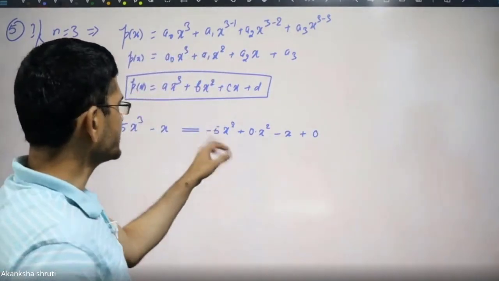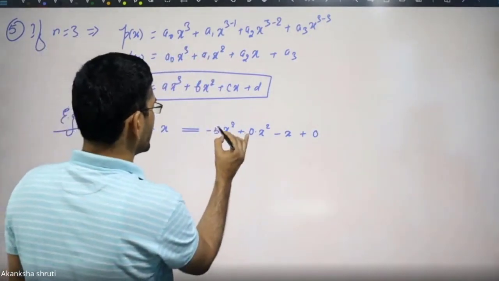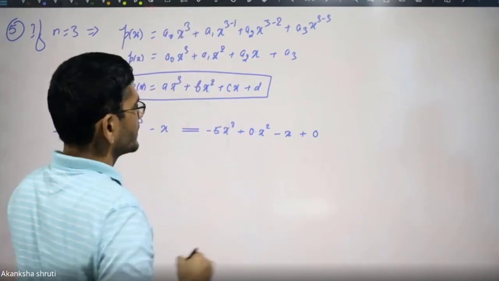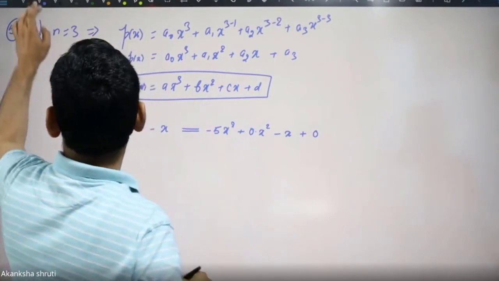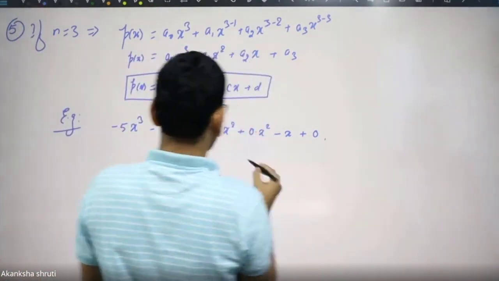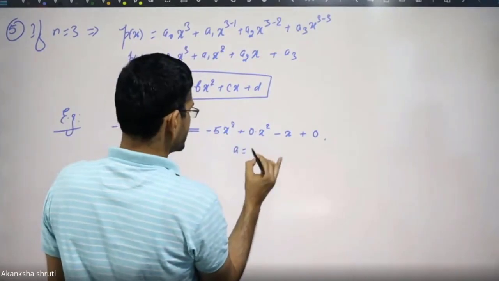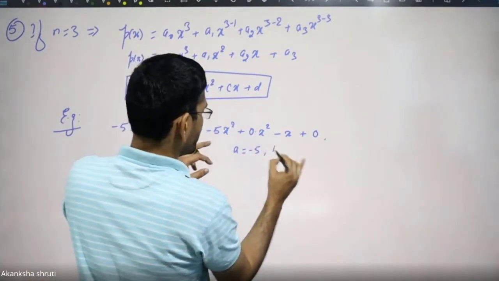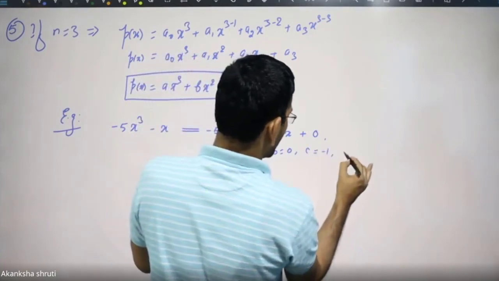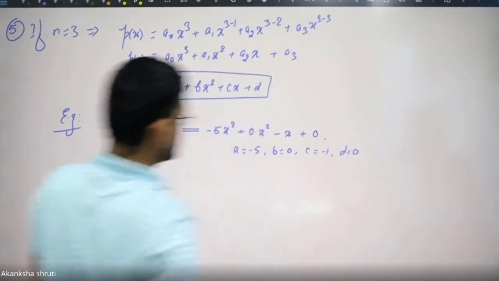Now here it is written in descending order with all the powers of x till the constant term. So from here we get that a is minus 5, b is 0, c is minus 1, and d is also 0.